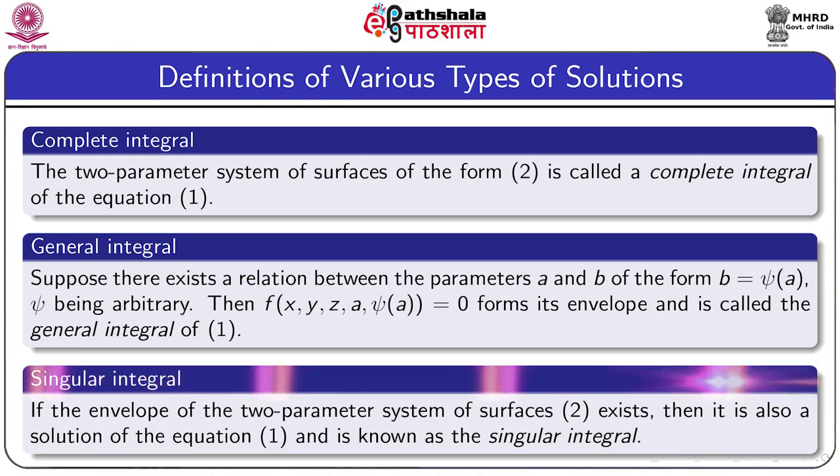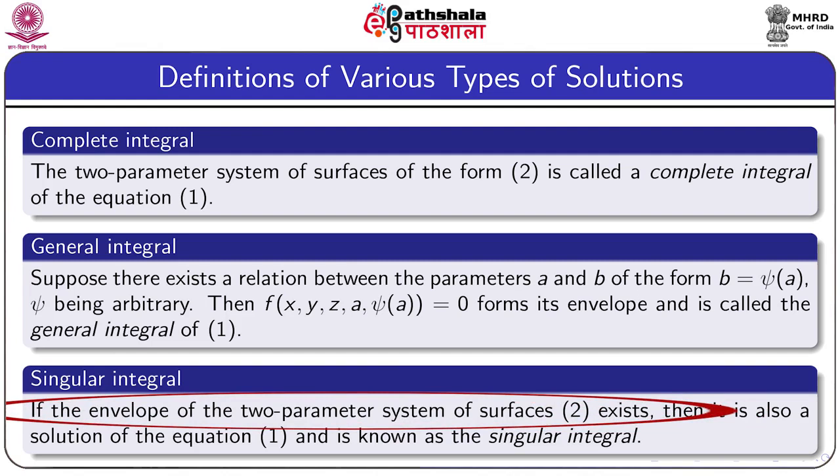There is another type of integral which is known as the singular integral, and it can be obtained by considering the envelope of the two parameter system of surfaces 2. So, if we evaluate the envelope of the two parameter system of surfaces 2, that solution will give a singular solution of equation 1.